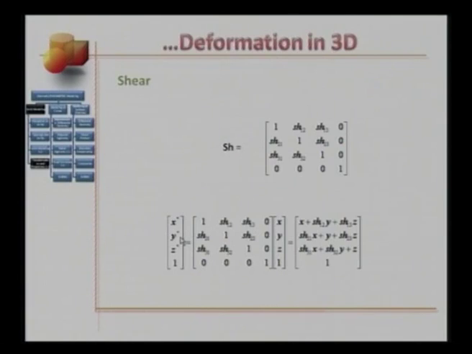The second entry y star is sh 2 1 times x plus y plus sh 2 3 times z. These 2 entries result in shear along the y direction. The third entry z star is sh 3 1 times x plus sh 3 2 times y plus z. These 2 entries here result in shear along the z direction. And the fourth entry, of course, is 1.